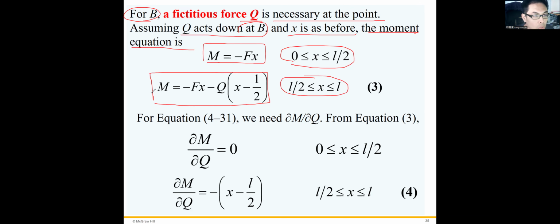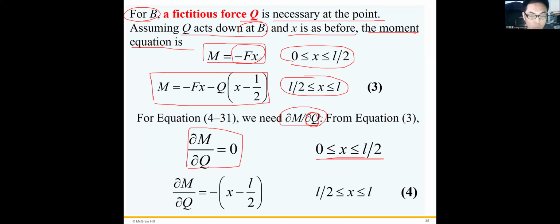Okay, so now we're going to solve this dummy load, or fictitious force, problem. In this case, we need to take the derivative of the moment with respect to Q, the dummy load, which equals 0 within the first section, because the moment in the first section, x from 0 to half L, equals minus Fx.